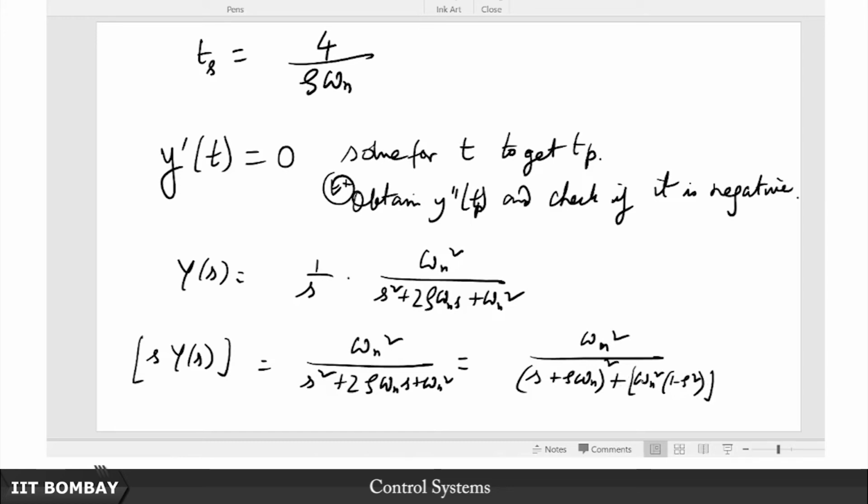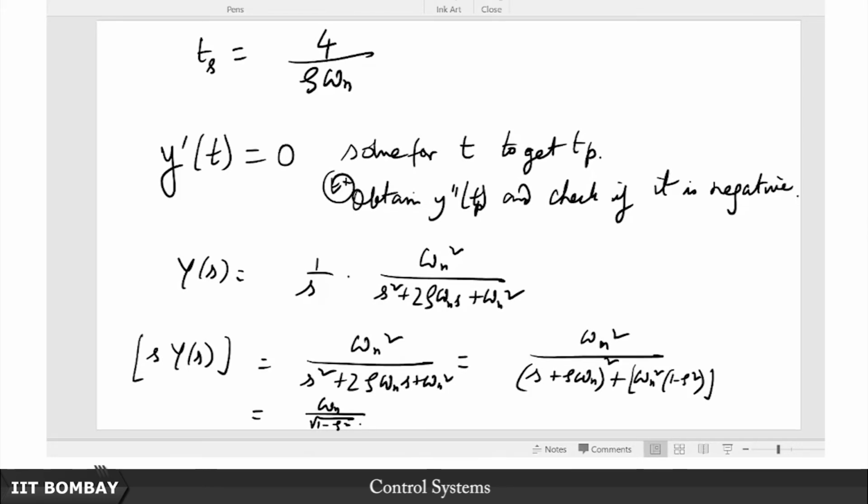So this we are already familiar with, we did this in the previous lecture. Now of course we are going to have to massage this into the form that we desire. So we are going to pull out an omega n and stick this square root of 1 minus zeta squared with it in the denominator, and then we will have this standard form from which we can read off directly from the inverse Laplace table, right.